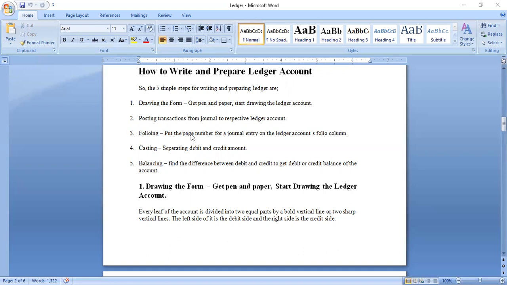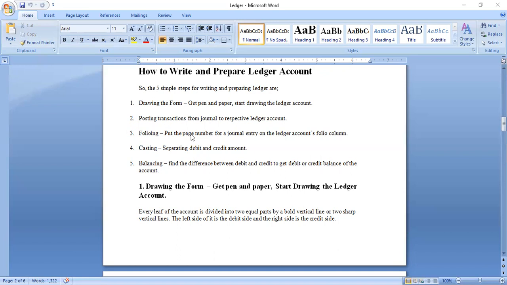And then in a vertical form, it has 7 columns. One is the date, number 2 is the particular, number 3 is the reference, number 4 is the debit taka, number 5 is the credit taka, number 6 is the debit balance taka, and then number 7 is the credit balance taka.